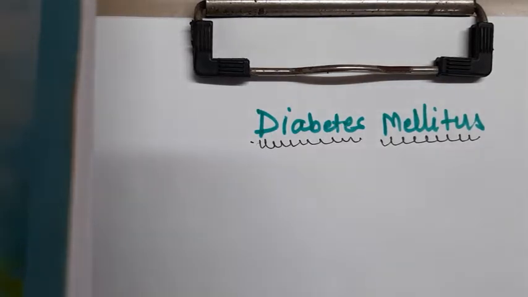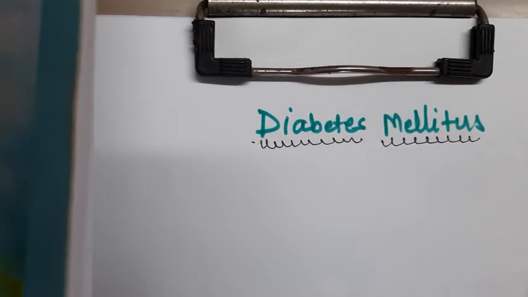So three important methods with which you can find out the levels of blood sugar in human beings and also in animals. These are the tests which are commonly used for the determination of blood sugar.